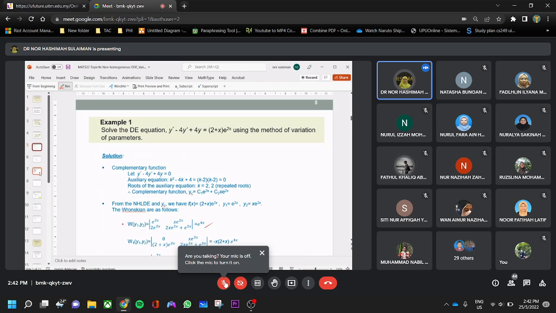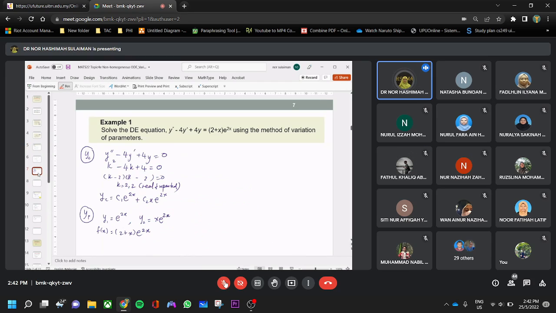Okay, now kita cari Wronskian. Apa Wronskian dia? Wronskian lah katalah W yang general Wronskian, dia formula dia apa? Kalau saya nak tulis balik lah Y1, Y2, Y1 prime, Y2 prime kan? Betul tak? Betul.